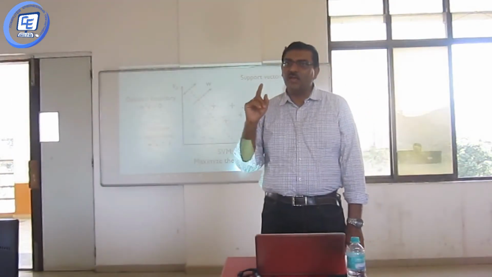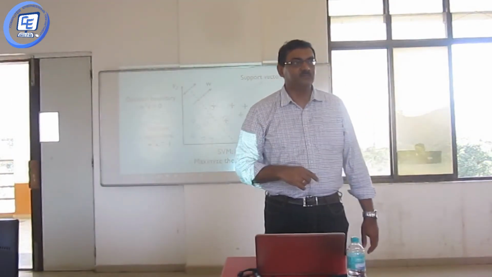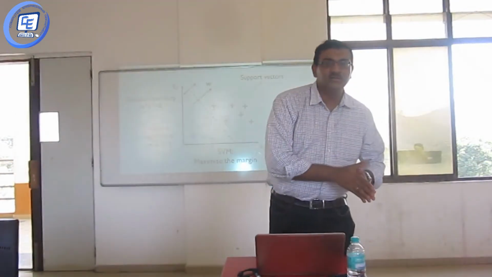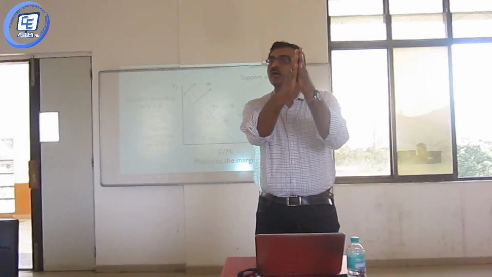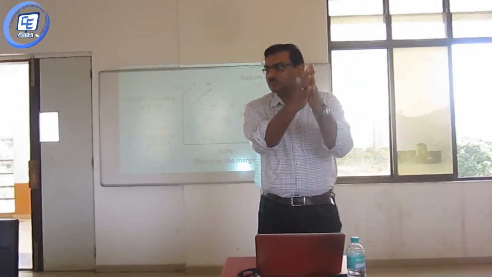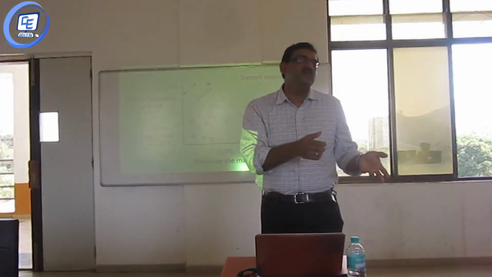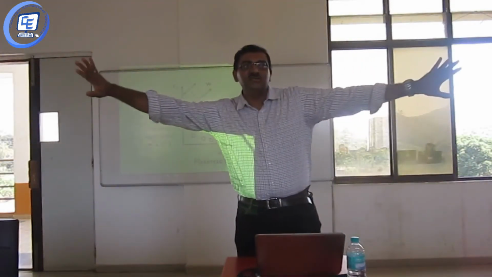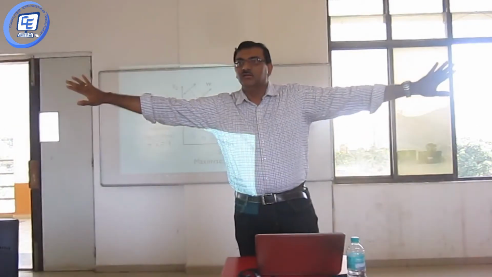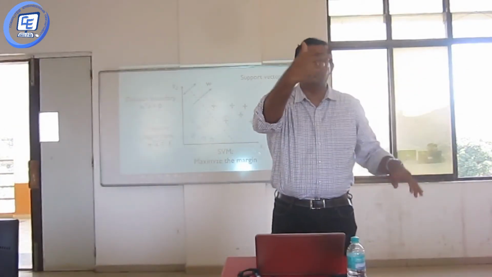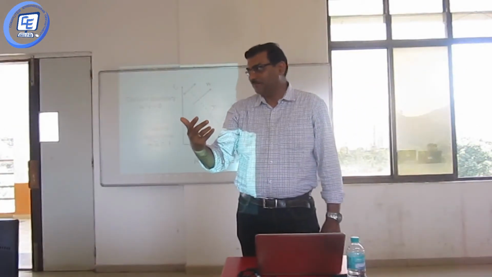Why maximize? Why not minimize the margin? If we minimize the margin, then what will happen? Lot of ambiguity. You will not be sure of the results. But if the margin is far apart, even if a little error happens, that is tolerable.